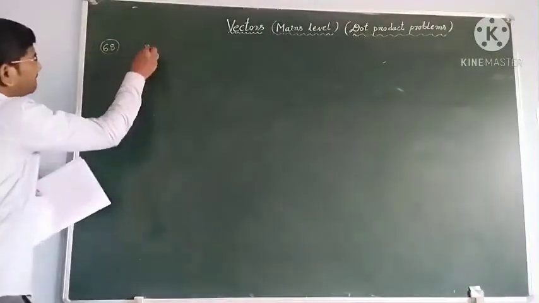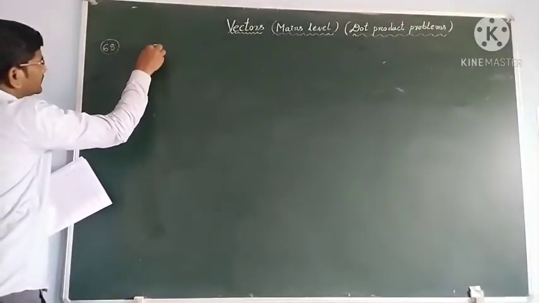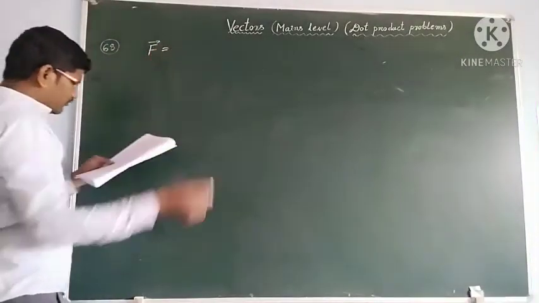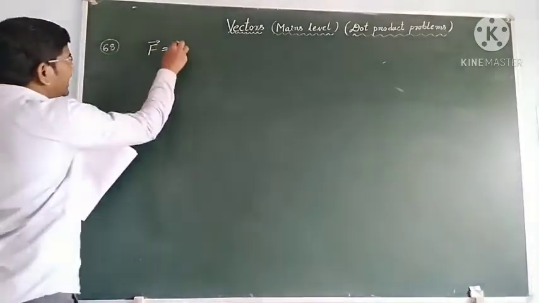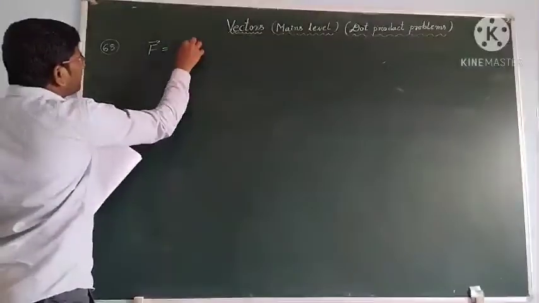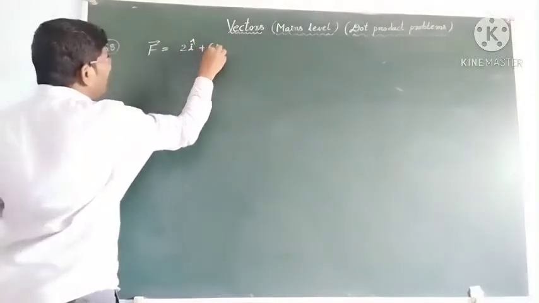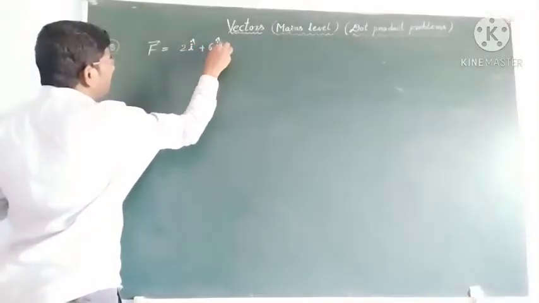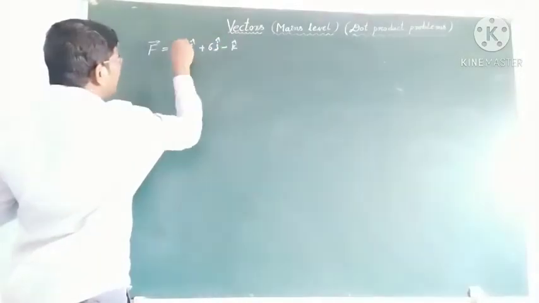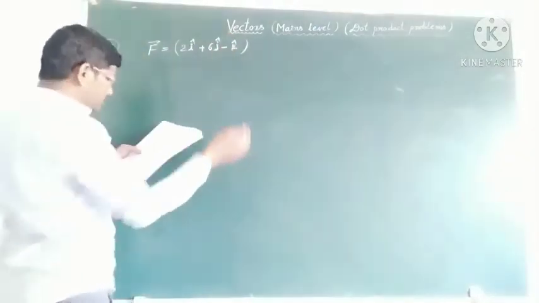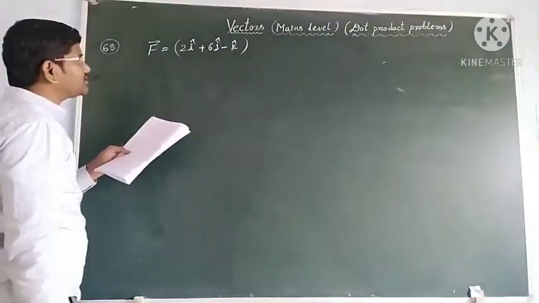Force is given. A force is given 2i cap plus 6j cap minus k cap. This is the force vector that is given, and it produces a displacement.